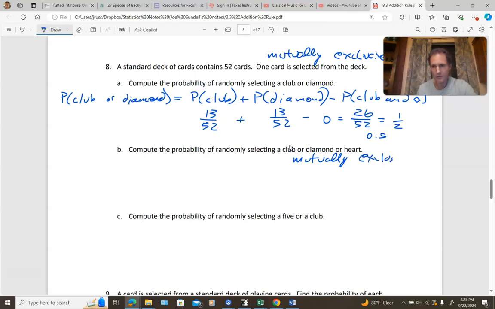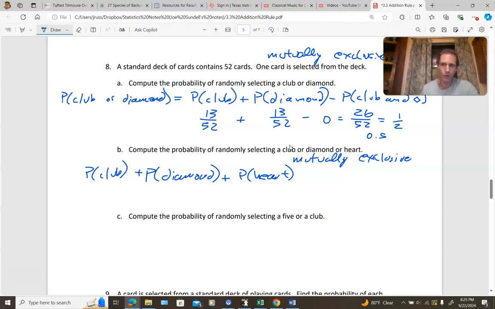But since they are mutually exclusive, this is just going to be the probability of drawing a club plus the probability of drawing a diamond plus the probability of drawing a heart. Now I'm not going to worry about subtracting any intersections because I know whatever those are, they're going to be 0.